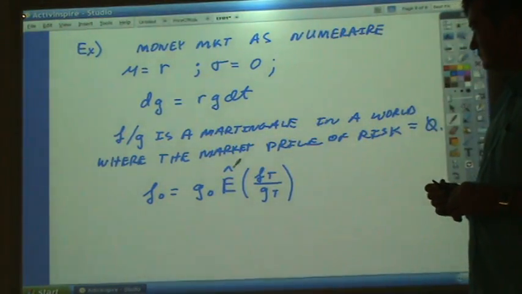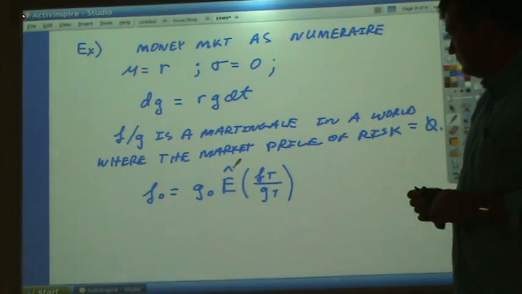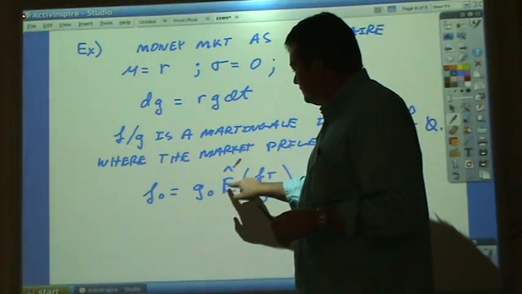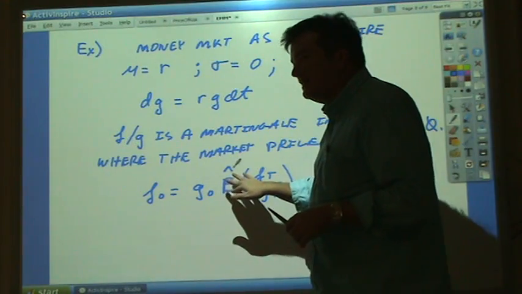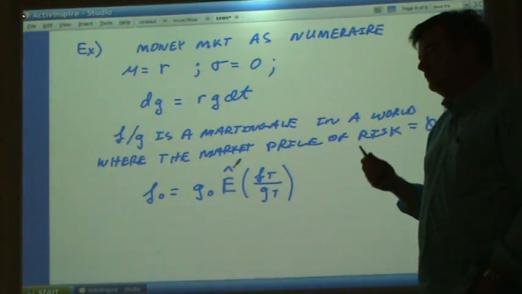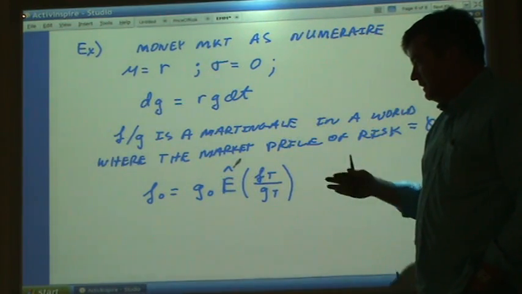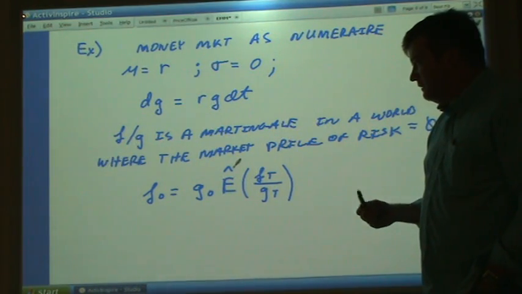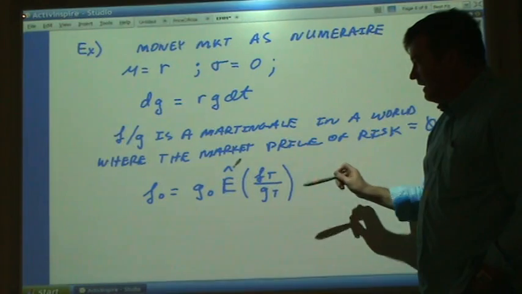Yeah, there's always some symbol that means it's the expected value under what they call that probability measure. But what that basically means is it's kind of like our mindset.